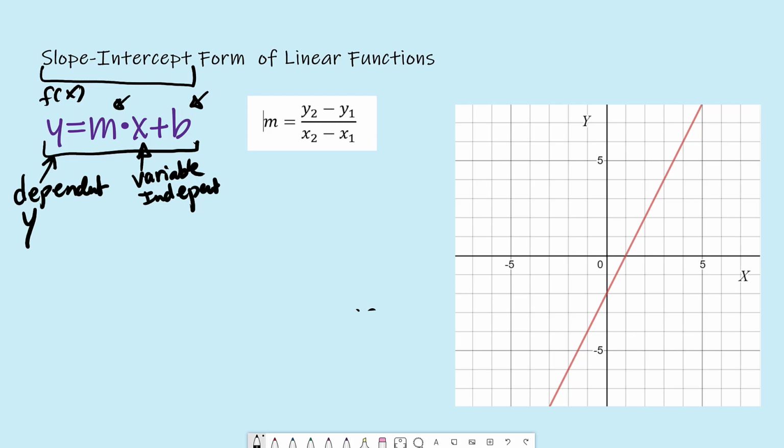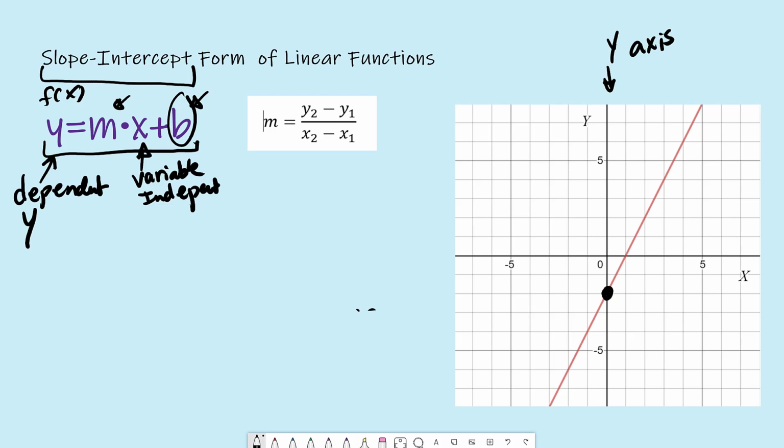If we look at b first, this is actually the y-intercept. Why is that so? Let's look at this example. The y-intercept of a function is the point where the graph of the function intersects the y-axis. This is the y-axis, and we're looking at the point where it intersects.